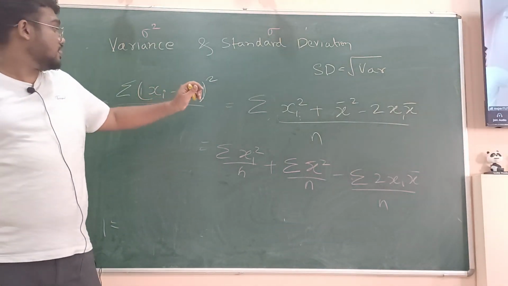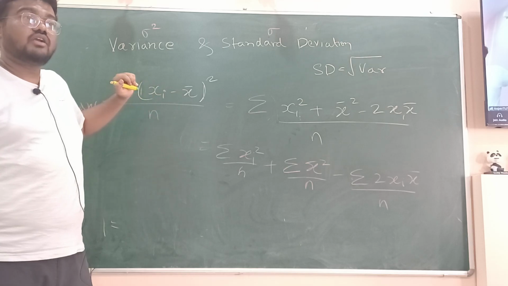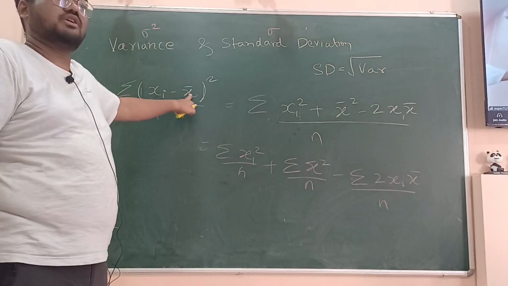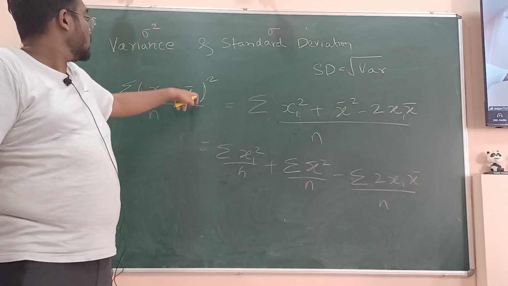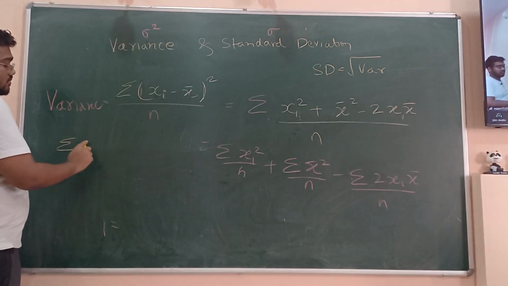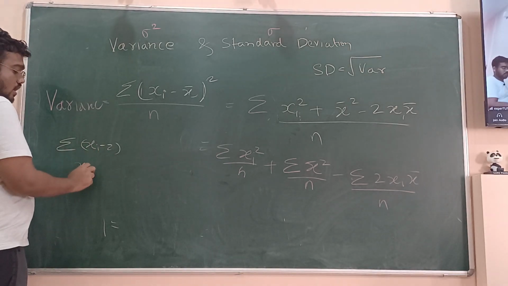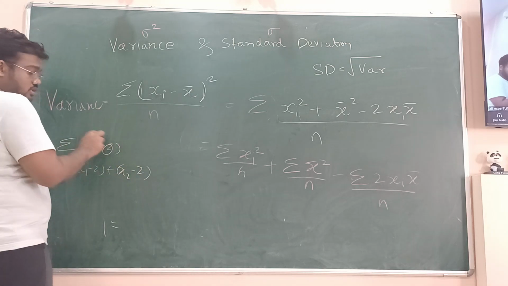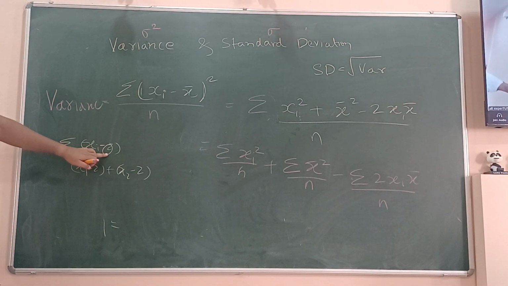Now, very important question. For different i values, xi is different, but x bar is the same, no? X bar is the same. And you also remember we did a question like, if there was some xi minus 2, you were doing x1 minus 2 plus x2 minus 2. This 2 is the same every time. If a number is constant, it is the same every time, right?